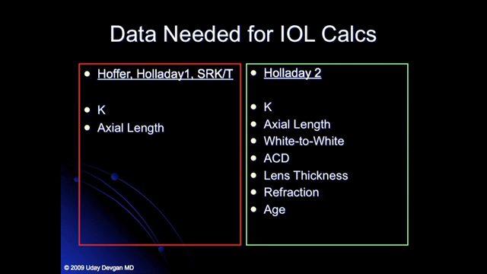For Hoffer Q, Holladay 1, and SRK/T, you just need 2 variables, Ks and axial lengths. But for Holladay 2, you need a lot more input variables. And the only machine right now that's available that will actually give you all of these, lens thickness as well as all the others, is going to be the Haag-Streit LENSTAR.